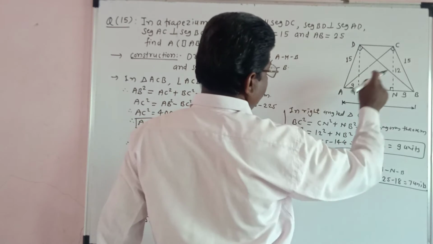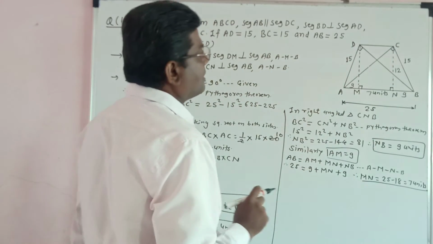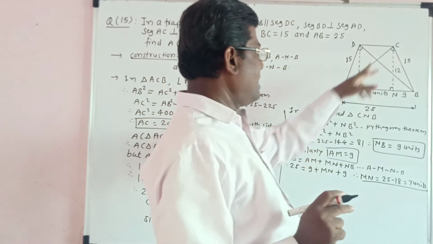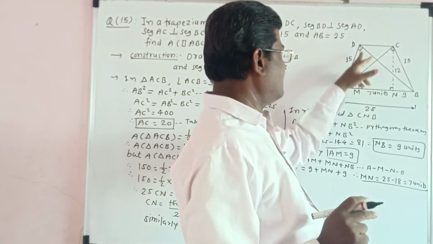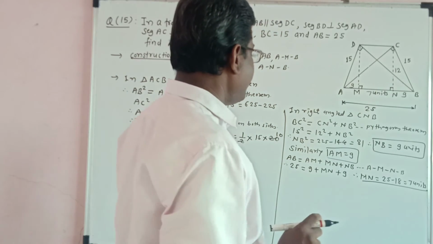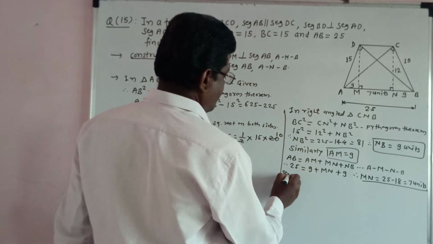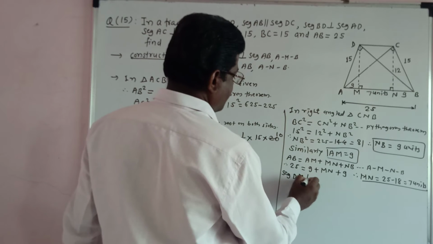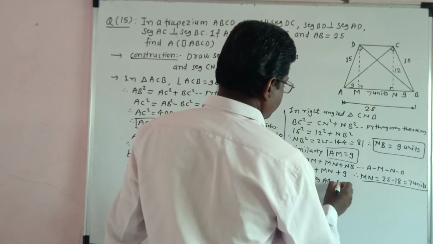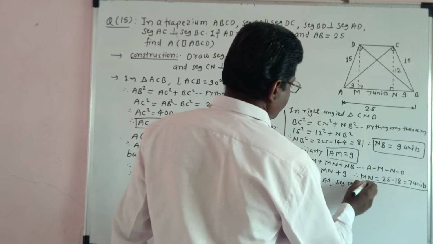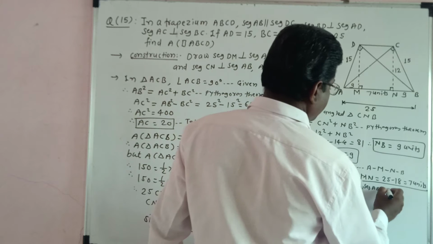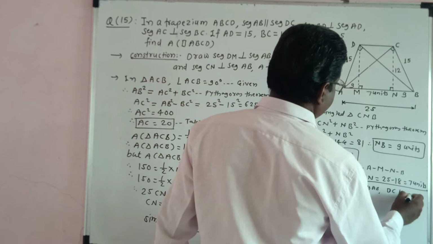Now, DM is perpendicular to AB and CN is perpendicular to AB, and DC is parallel to AB. Therefore, DMNC is a rectangle. Segment DM is perpendicular to segment AB, segment CN is perpendicular to segment AB, and DC is parallel to AB.